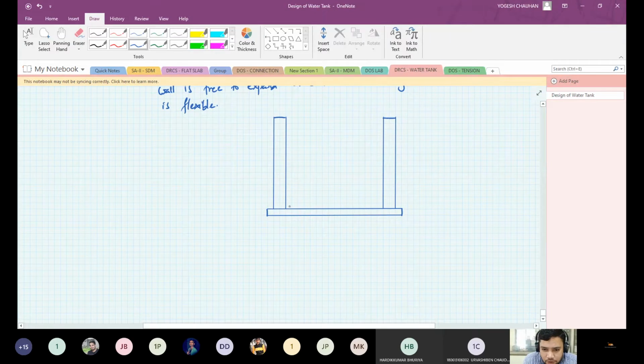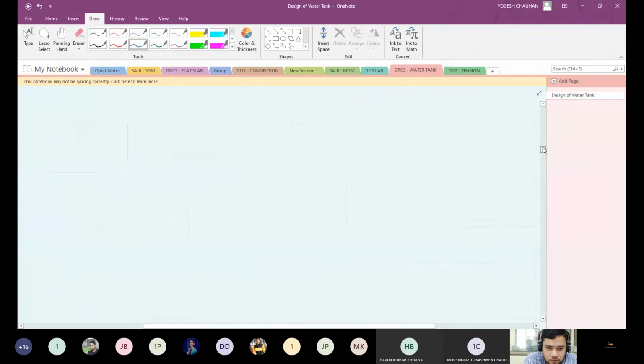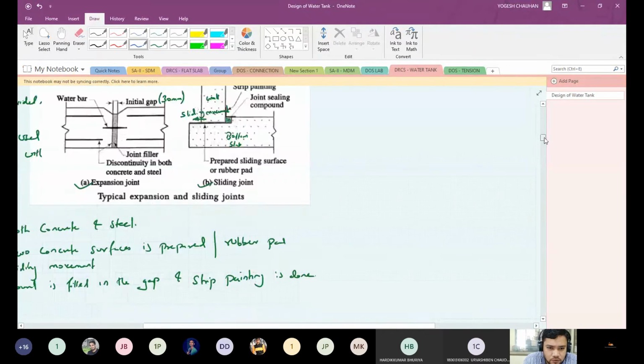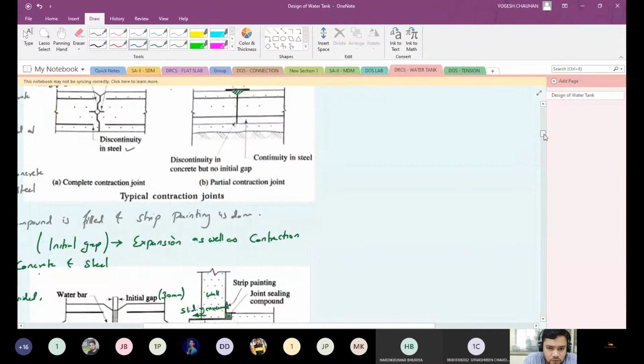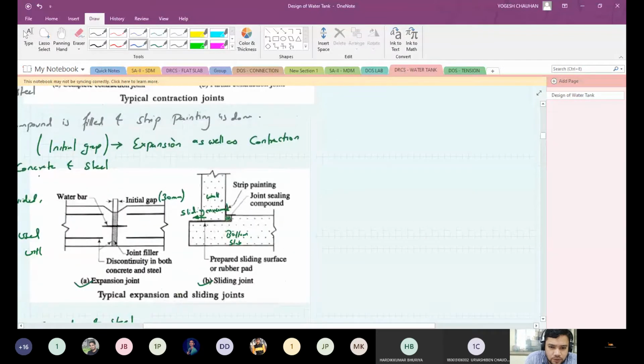Here, the sliding joint is provided. You remember, this type of joint is provided.